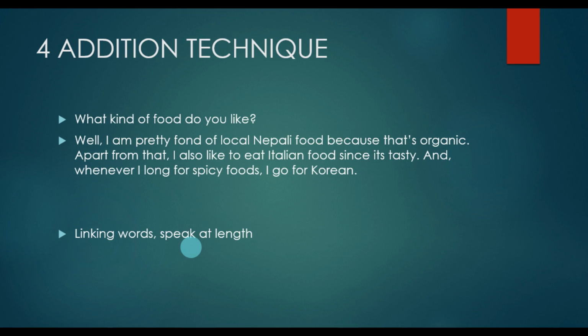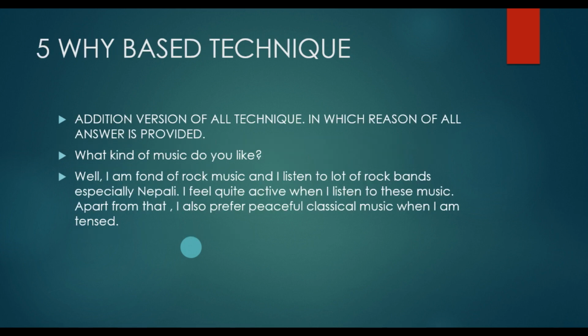And another one: do you love to have a pet? No, there are two reasons for that. The main reason is I am quite allergic to animal skin. Apart from that, I can't stand their smells. That's all about it.